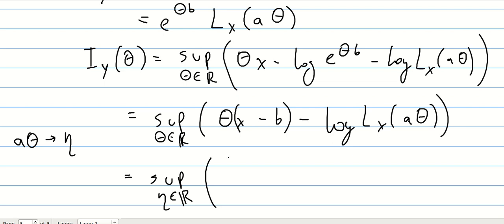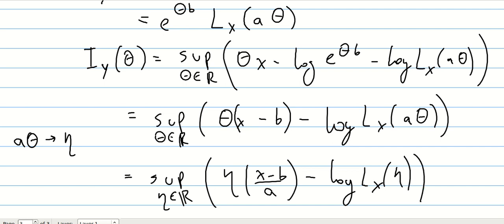And here we have eta times x minus b over a, right? Eta over a is theta minus log of Lx at eta. Great, so this is just the rate function of x, right?